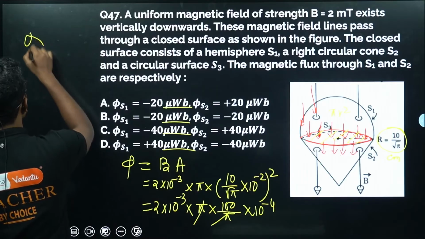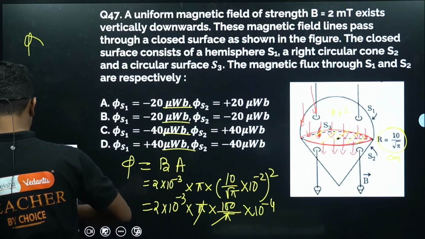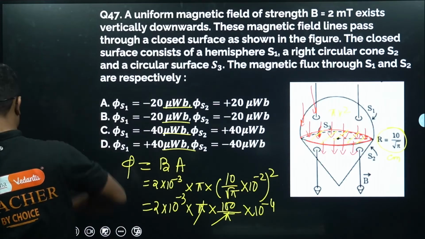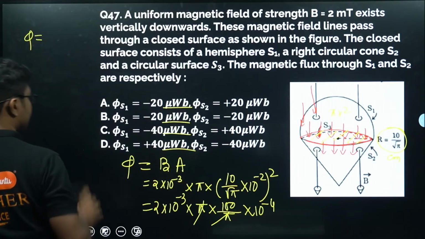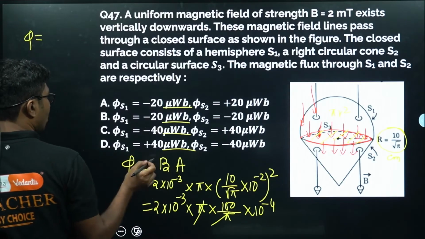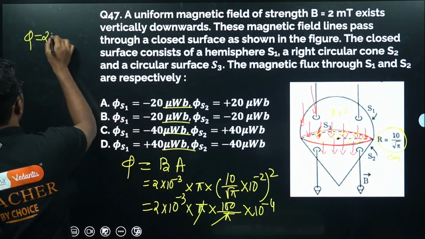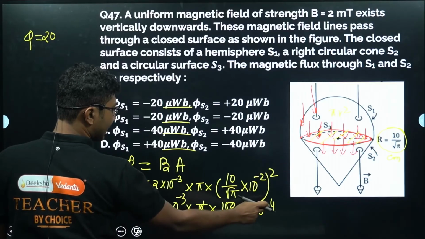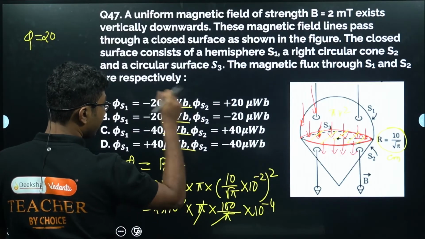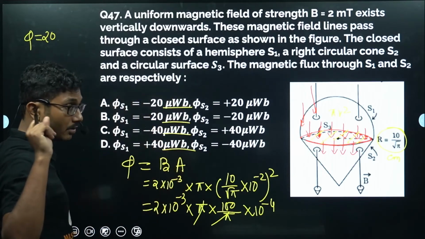So the flux phi is given by 2 into 100, 200, times 10 to the power of minus 7, but answers are given in terms of micro. Micro means 10 to the power of minus 6.